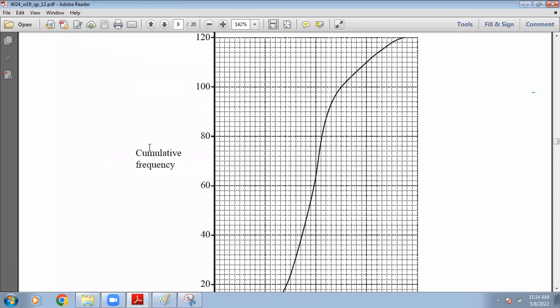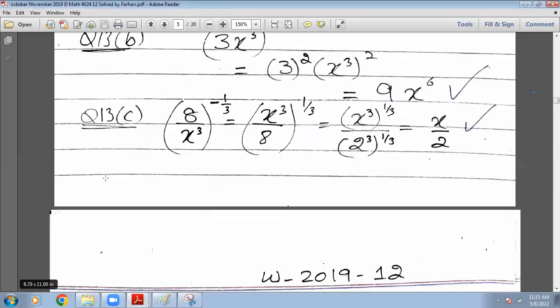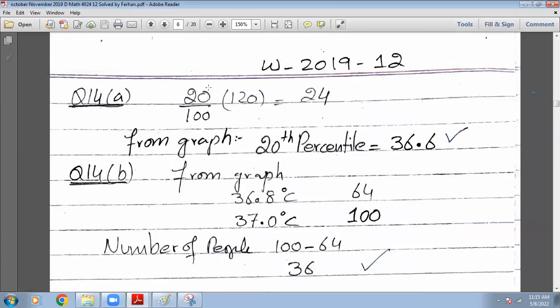If you want to find the 20th percentile, first of all, you have to find 20% of 120. That will be 20 divided by 100 multiplied by 120. Let me show you. 20% of 120 will be 24.